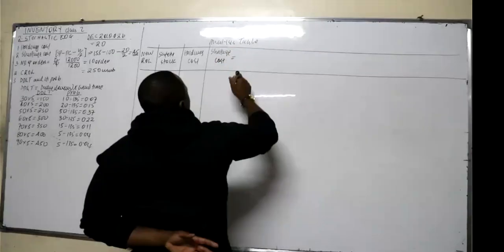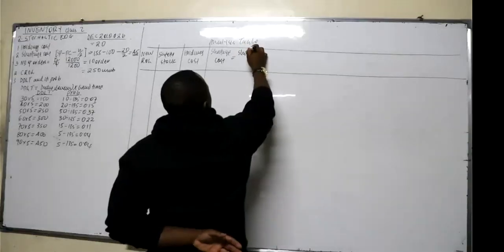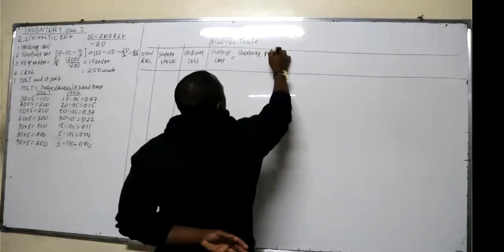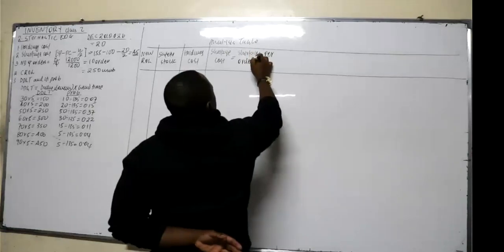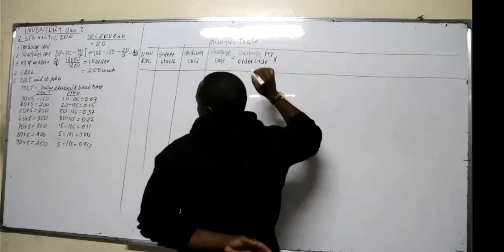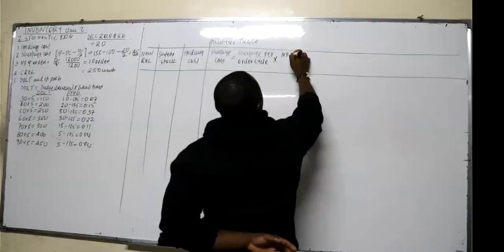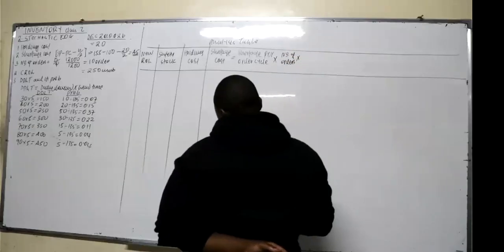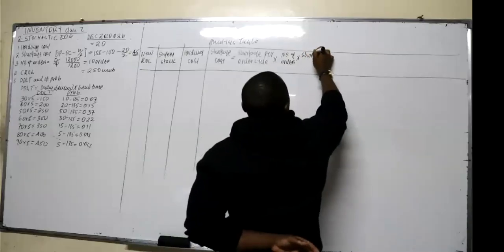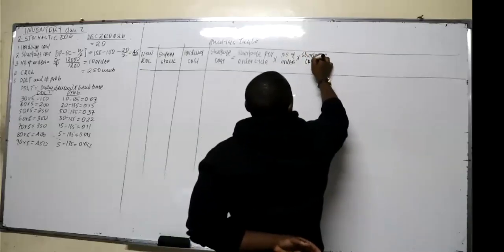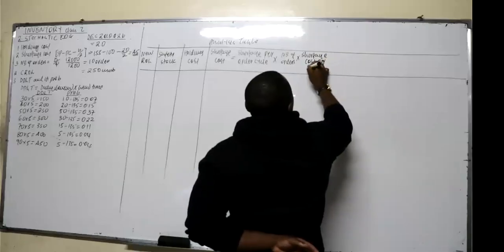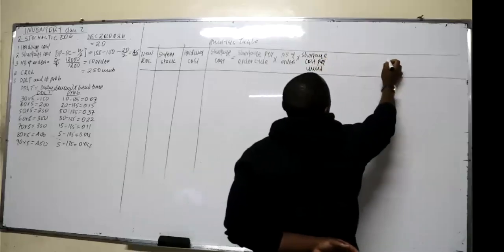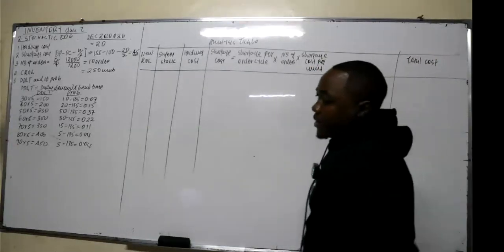You take the shortage per order cycle, multiply it by the number of annual orders, then multiply by the shortage cost per unit. That's how we get our total cost.